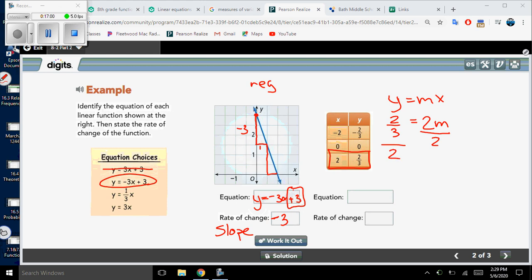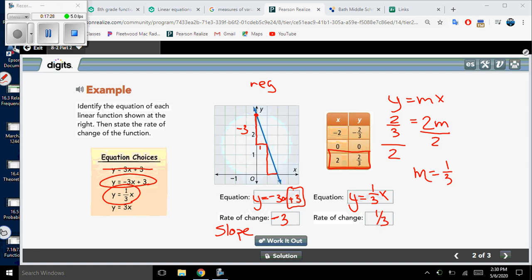Or some of us could just look at it and say 2 times what number is 2/3, and obviously that answer would be 1/3. So what we're going to come out of here with is m equals 1/3. That means the slope is 1/3. So we go over here, and obviously that means my equation has to be that one right there. So the equation is y equals 1/3 times x, with my rate of change being the 1/3.